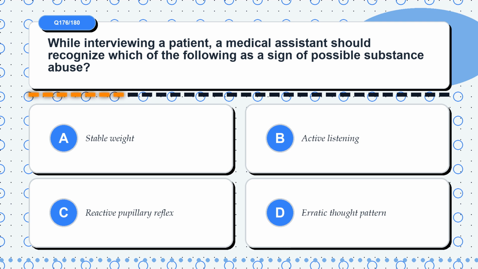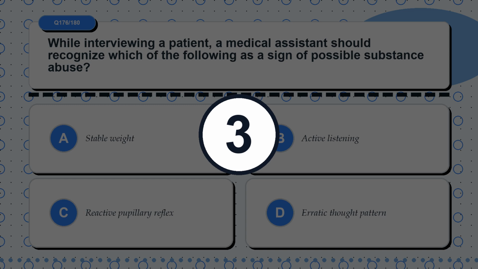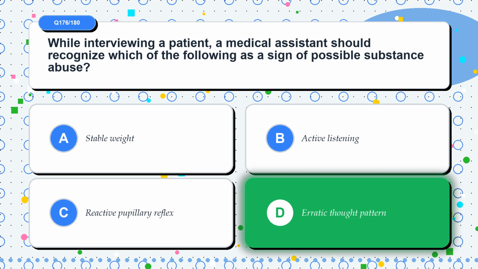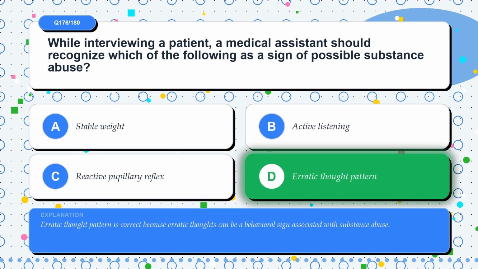Option C, reactive pupillary reflex. Option D, erratic thought pattern. The correct answer is option D, erratic thought pattern. Erratic thought pattern is correct because erratic thoughts can be a behavioral sign associated with substance abuse.